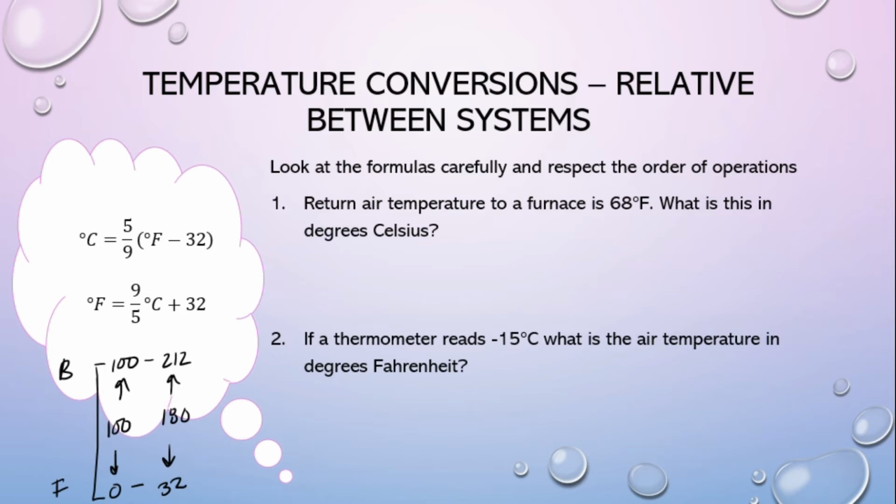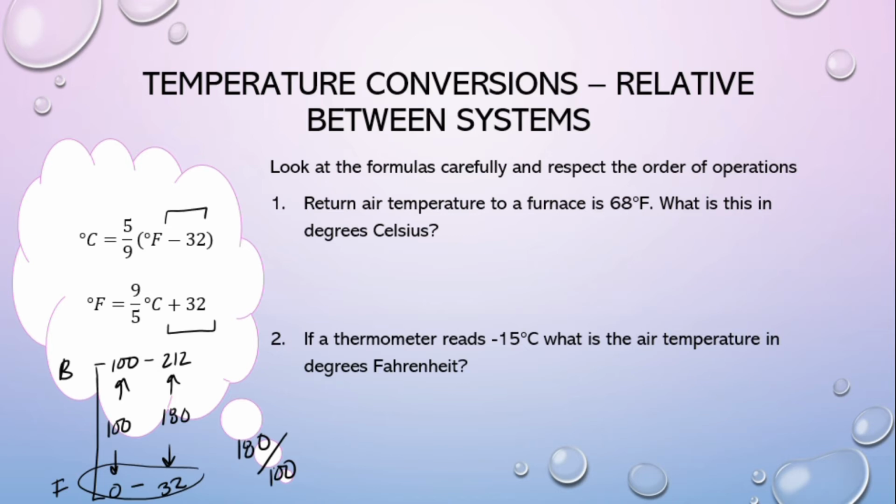If you looked at 100 over 180 or 180 over 100 either way, and reduced that fraction, you'd end up with 9/5. If we flipped it, you'd end up with 5/9. So it's really just this 5/9, 9/5 that is how to get back and forth between Celsius and Fahrenheit. And then we pin it, this plus 32 and this minus 32, to the fact that 0 degrees Celsius is 32 degrees Fahrenheit.